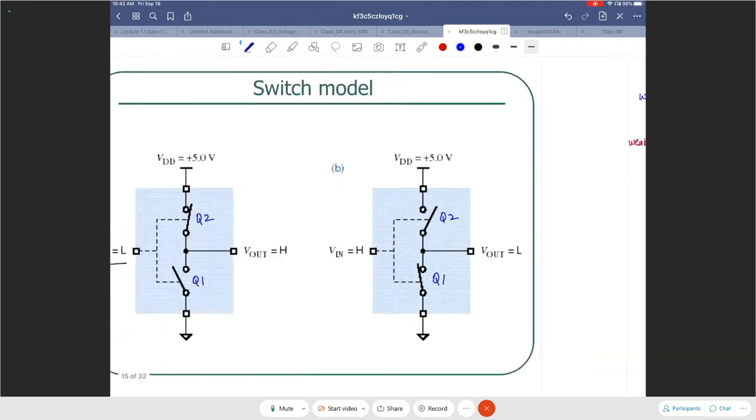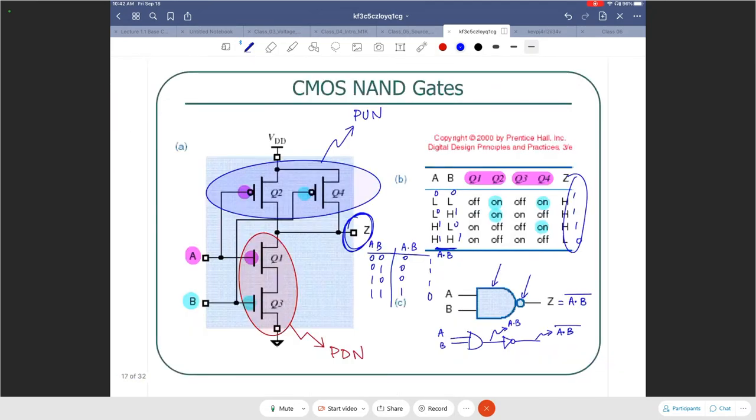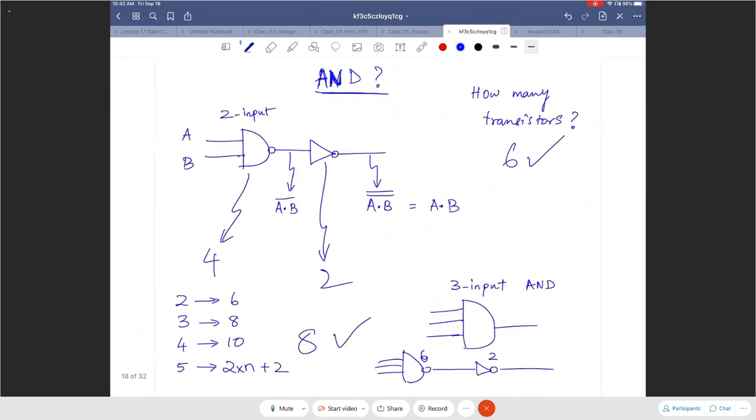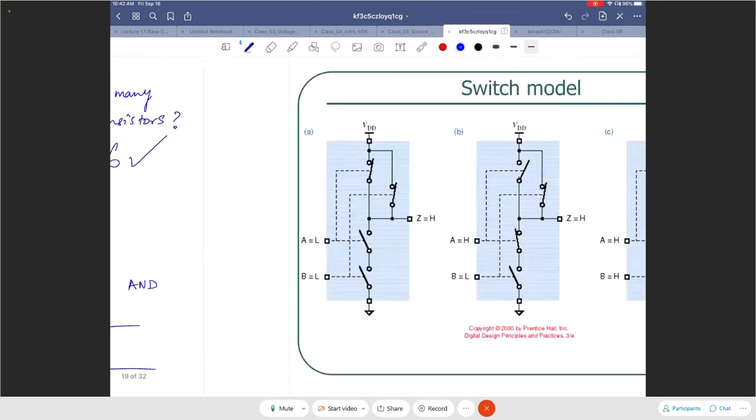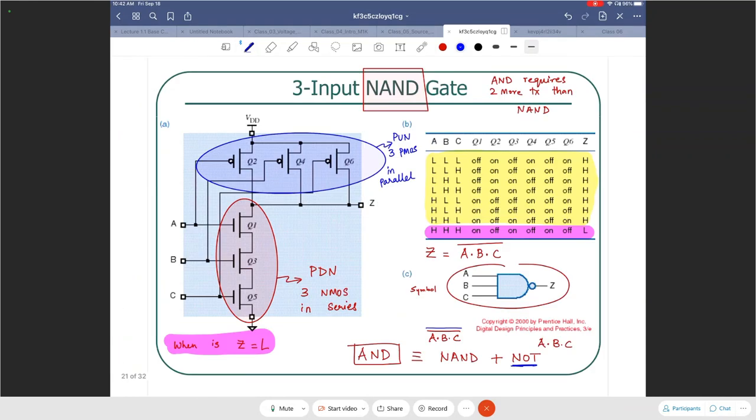So I would have to cascade the NOT in front of the NAND to get AND. Let's go back and let's see this. Where are we? We are right here. Let's do a quick transistor count. A 3-input NAND gate requires 6 transistors. Then you see them, Q1 through Q6. 3 of them are NMOS, 3 of them are PMOS. So when you add the NOT in front of it to get AND functionality, you are actually adding 2 more transistors.